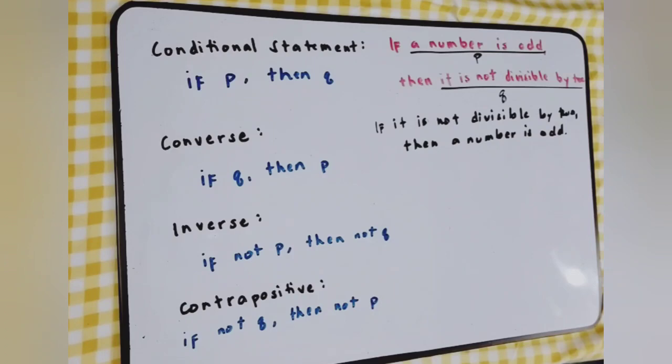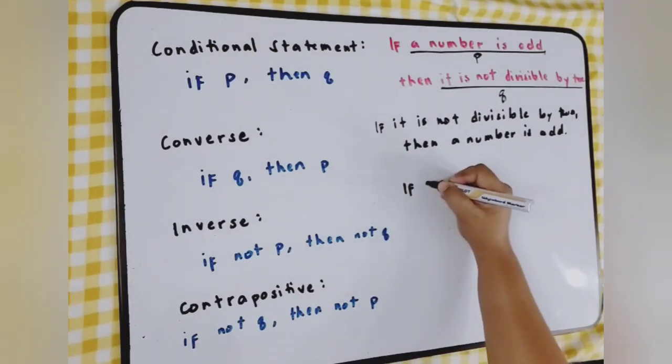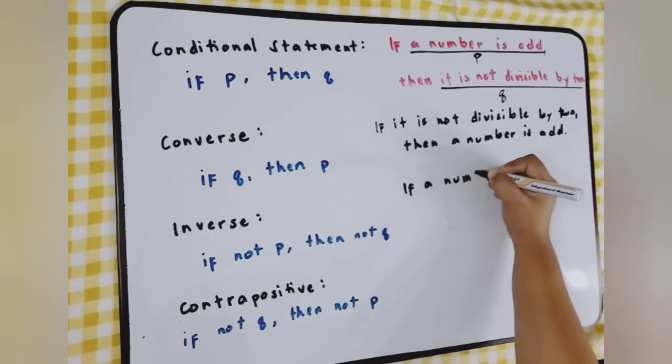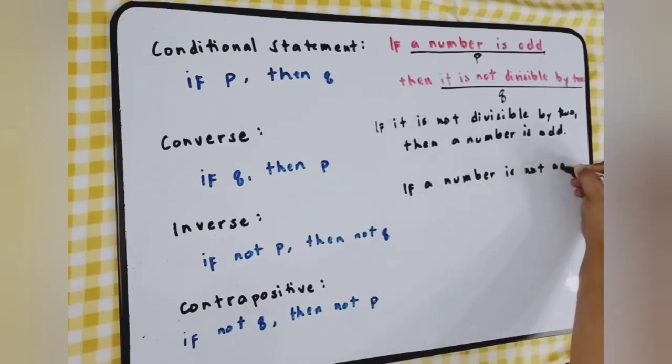As long as your grammar is still correct, it's okay even if you interchange, but the main thought should not change. Next, the inverse: if not P, then not Q. P is: if a number is odd, so it will become: if a number is not odd.